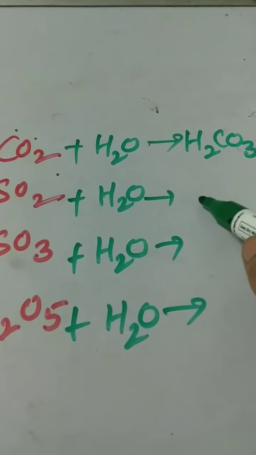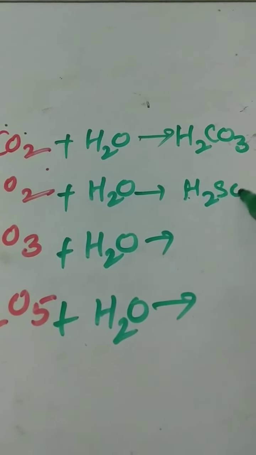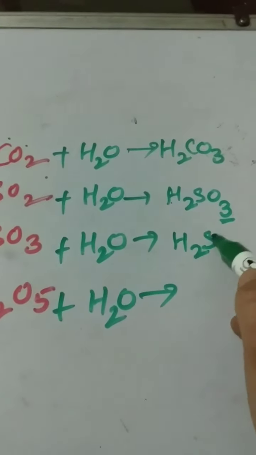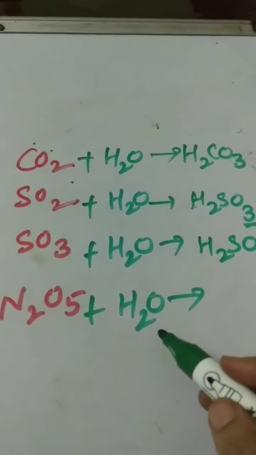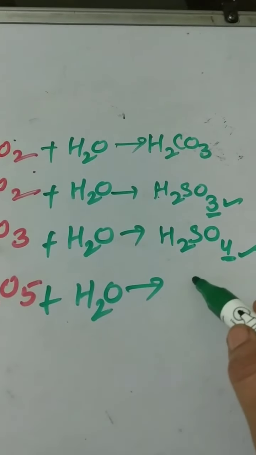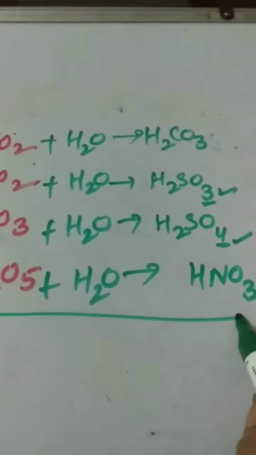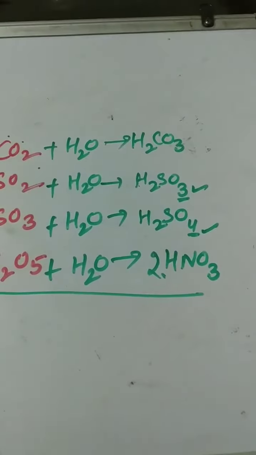And sulfur dioxide when mixed with water forms sulfurous acid. You can see SO3. When sulfur trioxide is mixed with water, it forms sulfuric acid. See the difference? Then when dinitrogen pentaoxide is mixed with water, it forms nitric acid, and we have to balance each equation we know. So for balancing this equation, we put 2 as coefficient.